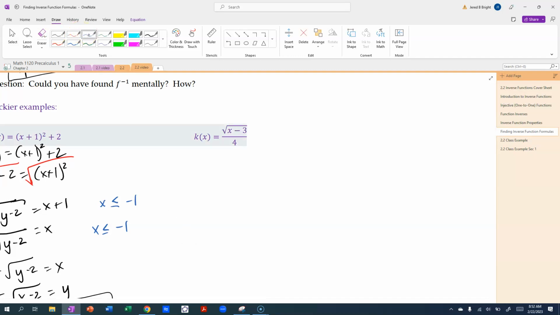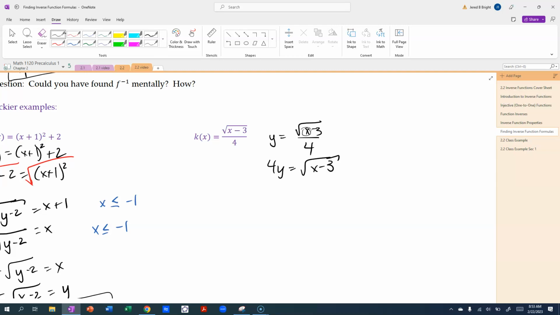Alrighty, so let's do our normal process. y is equal to square root of x minus 3 over 4. Then I want to solve for x. So multiply by 4, or you could actually square too if you wish: 4y is the square root of x minus 3.